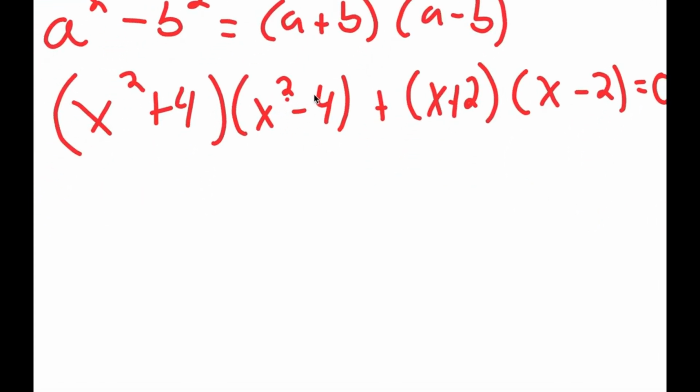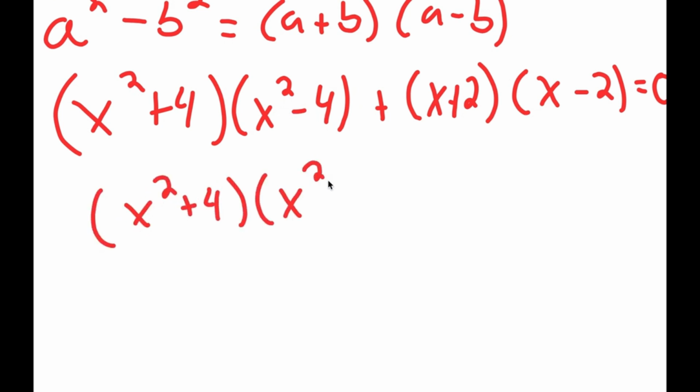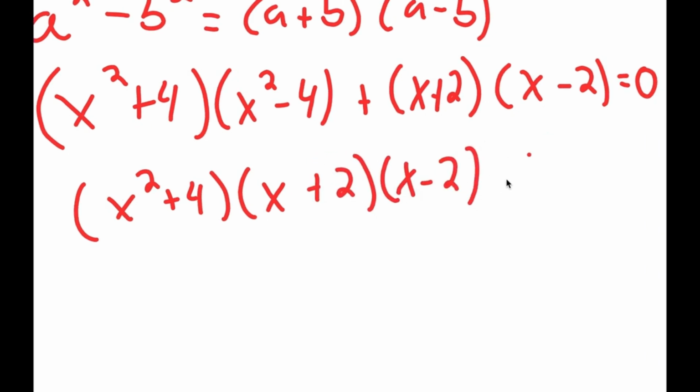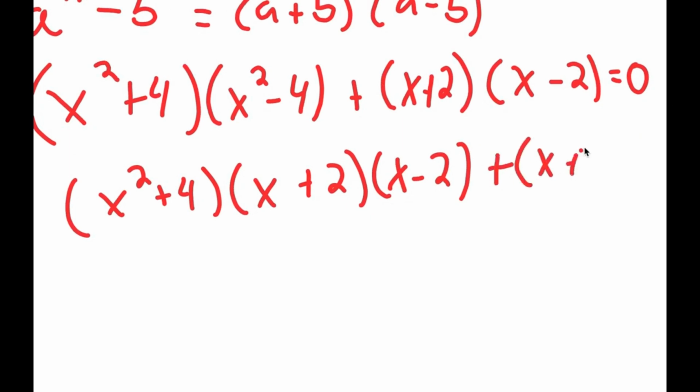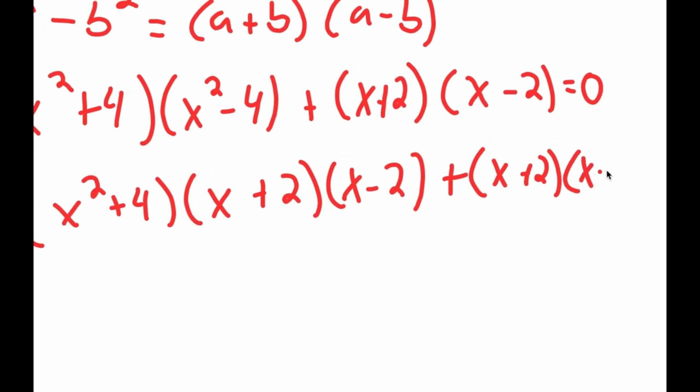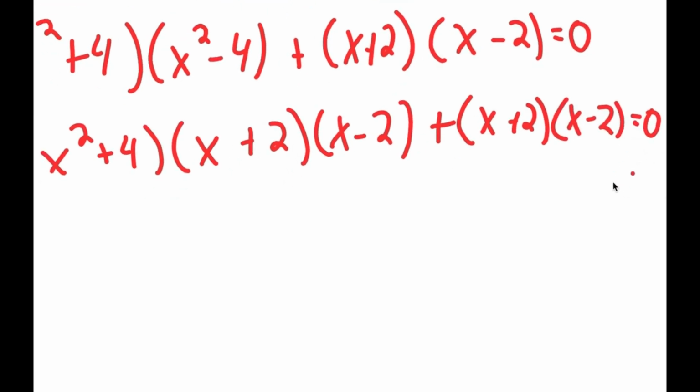Now we can use this property again on x squared minus 4 by rewriting it as x squared minus 2 squared. So that's going to equal x plus 2 times x minus 2. And I have this plus x plus 2 times x minus 2 is equal to 0.